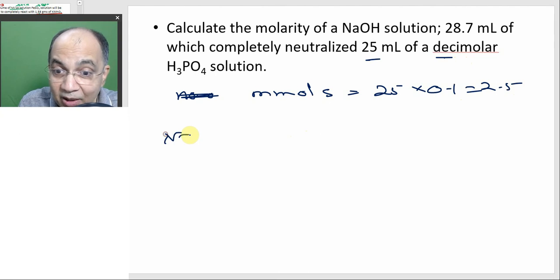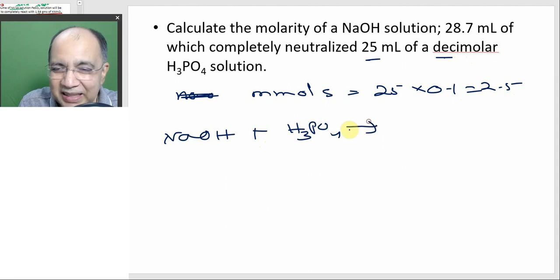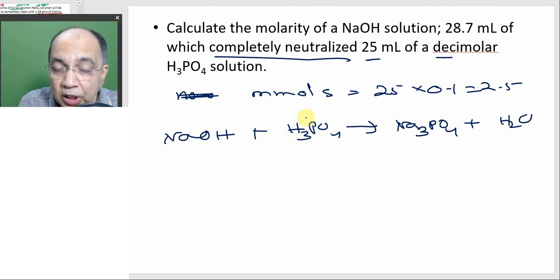Now let us write down. Here we have to write down the equation and balance it. That's the tedious job. Complete neutralization means no acidic hydrogen atom will stay back. All these three will go to form a normal salt. So here it will be 3, here it will be 3. Right?